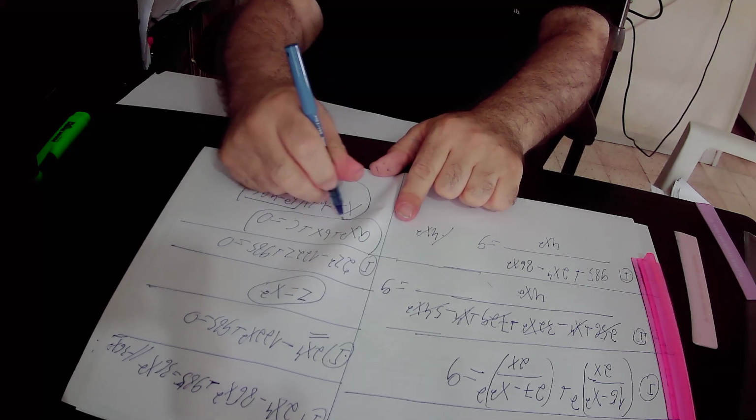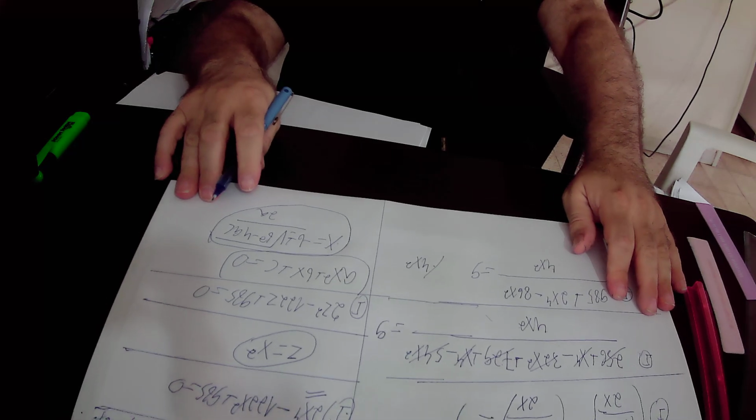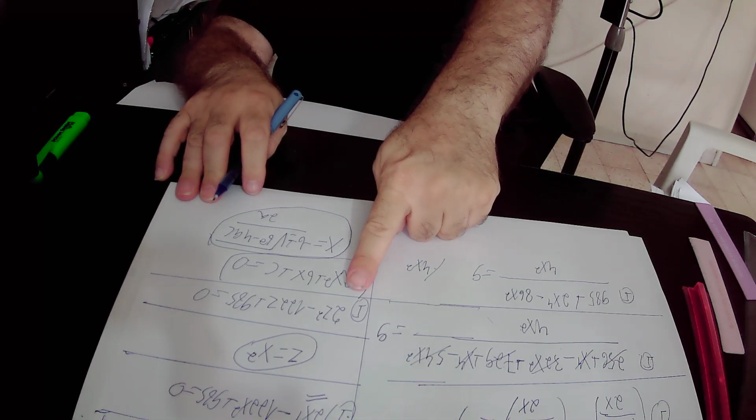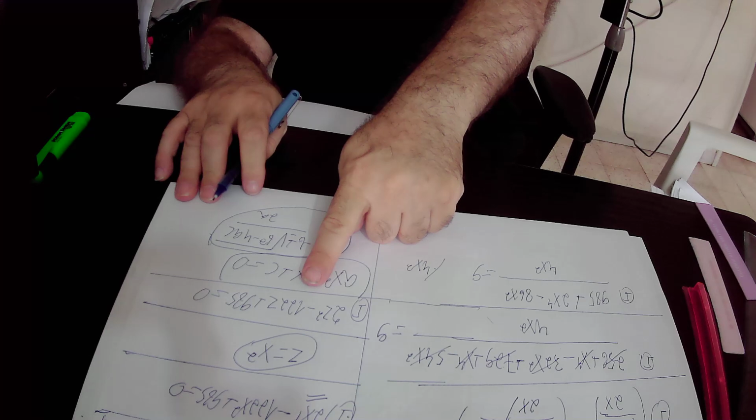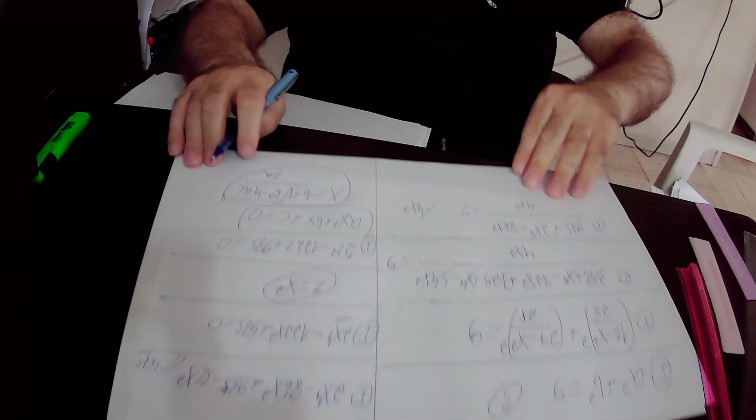In our specific quadratic equation, the coefficient a equals 2, the coefficient b equals minus 122, and the coefficient c equals 985. So I write it down.